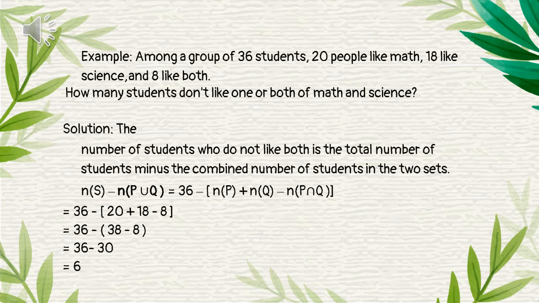Solution: the number of students who do not like either is the total number of students minus the combined number of students in the two sets. n(S) − n(P ∪ Q) is 36 − (n(P) + n(Q) − n(P ∩ Q)) is 36 − (20 + 18 − 8) is 36 − 30 is 6.